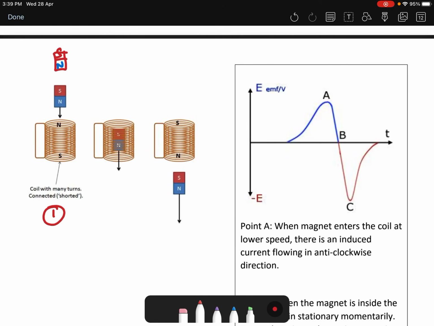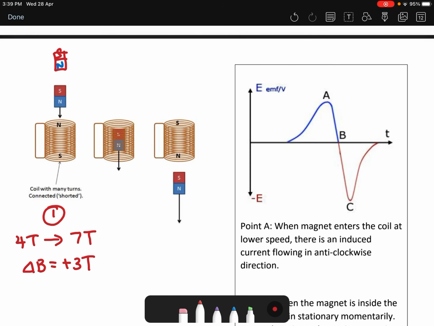Initially the coil experiences only 4 Tesla. After you drop it, the coil will experience an even greater magnetic field because it's nearer, maybe from 4 Tesla to 7 Tesla. So there's a change of positive 3 Tesla.